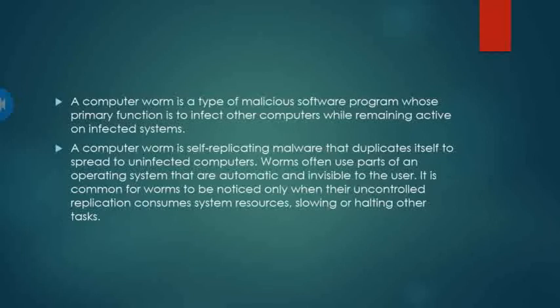A worm is also self-replicating, duplicating itself to spread to uninfected computers. Worms also make use of operating system functions that are automatic and invisible to the user. It is common for worms to be noticed only when their uncontrolled replication consumes system resources and slows down other tasks.